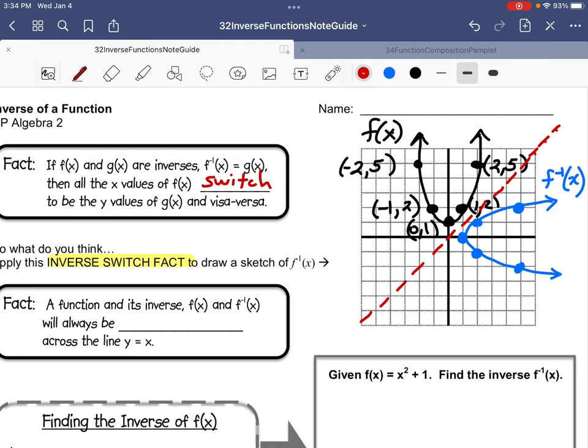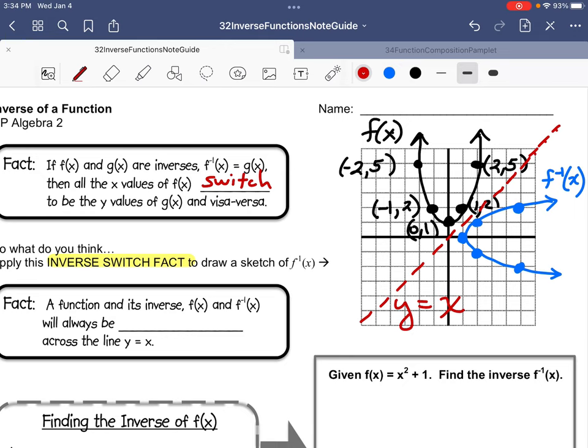It's a reflection over this line. You see, that diagonal line kind of splits the two graphs in half. It's the reflection line. It's the line y equals x. It's a perfect diagonal line. And sometimes I'll tell kids, although it's hard to do it on the video here, that if you fold over that diagonal line, the two graphs will be right together.